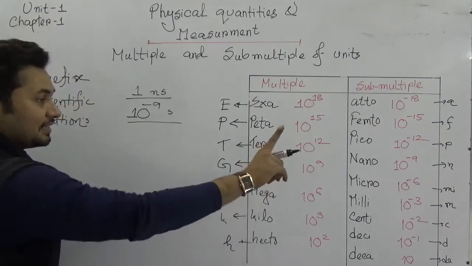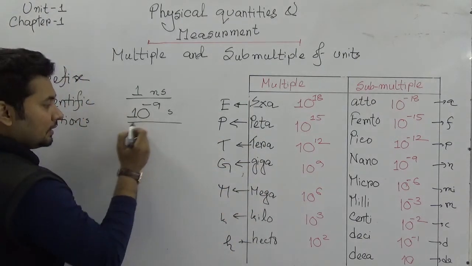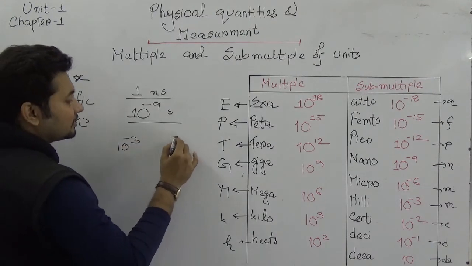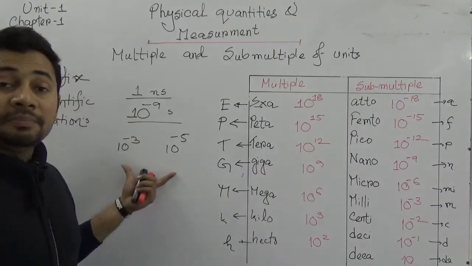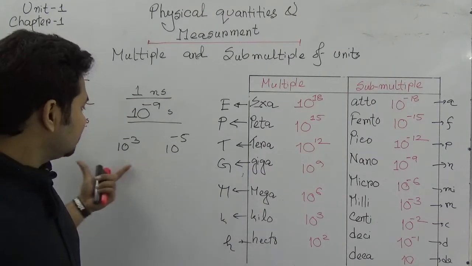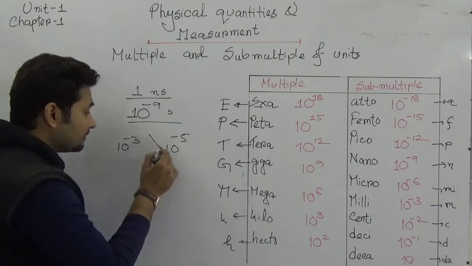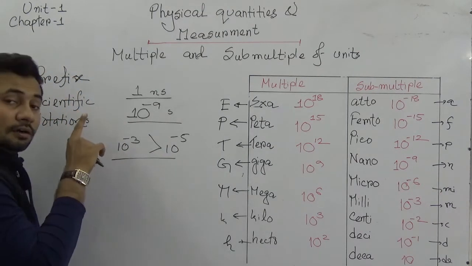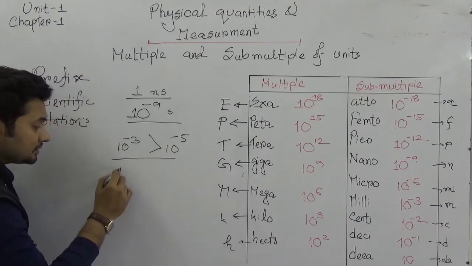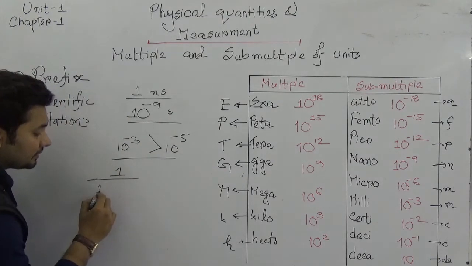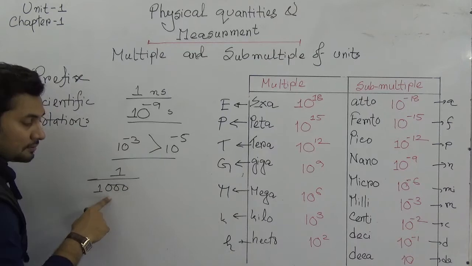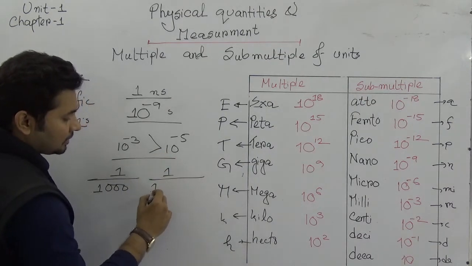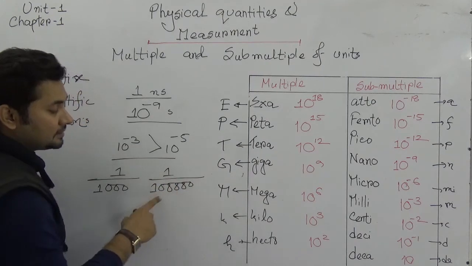How will things work? Like that. Suppose I write 10 to the power minus 3 and 10 to the power minus 5. Which is the bigger number among these? Definitely 10 to the power minus 3 is the bigger one. Why? Because 10 to the power minus 3 means 1 divided by 1000, and 10 to the power minus 5 expresses 1 divided by 1 followed by 5 zeros.